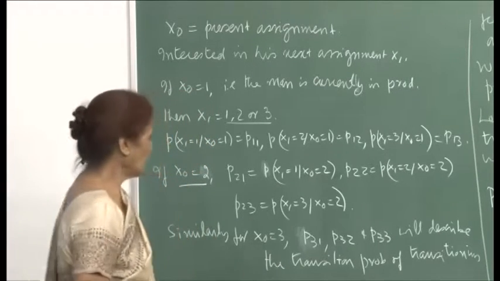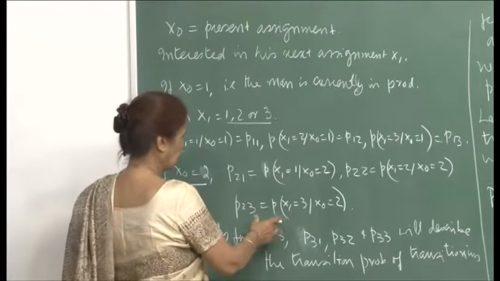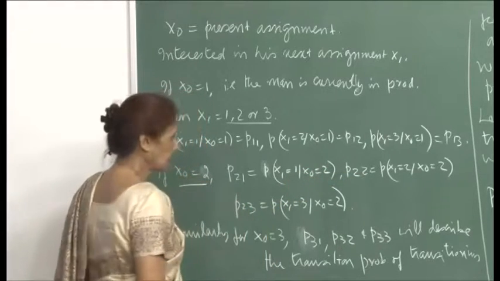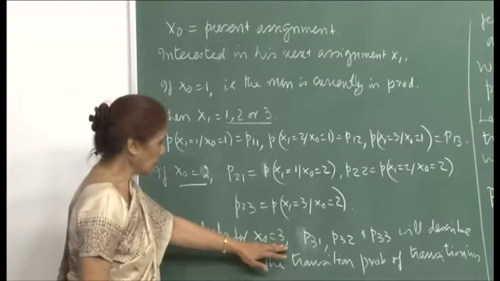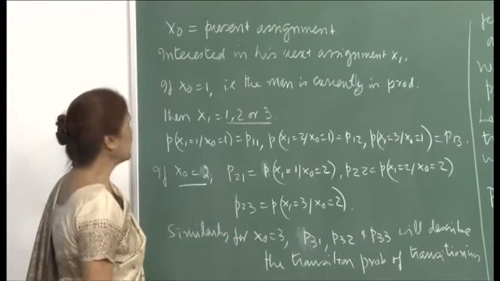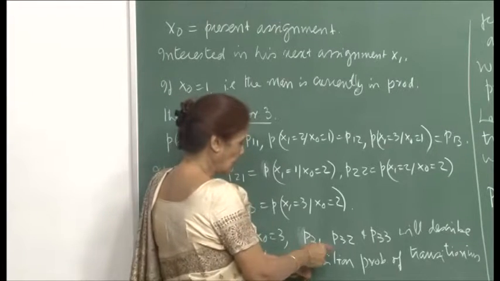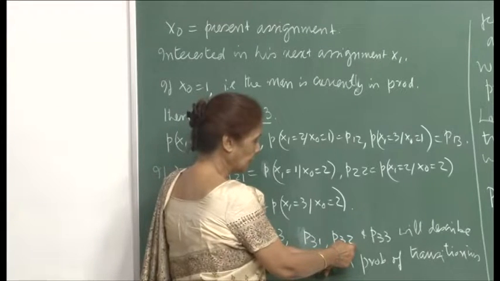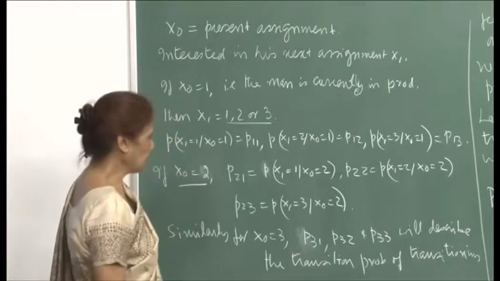And so again these 3 transition probabilities P21, P22 and P23 are given to us. Then if X naught is equal to 3, that means he is currently in sales, his probability of going to production will be P31, probability of going to HR will be P32, and probability of remaining in sales will be given by P33.